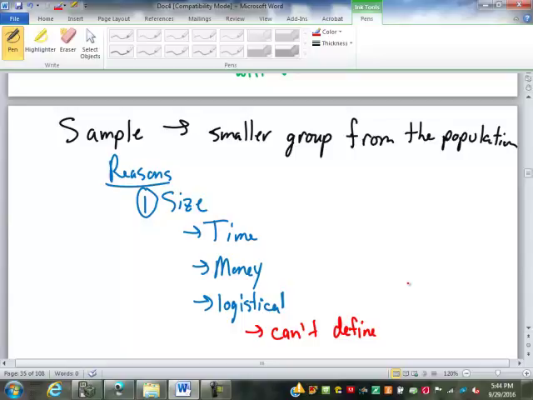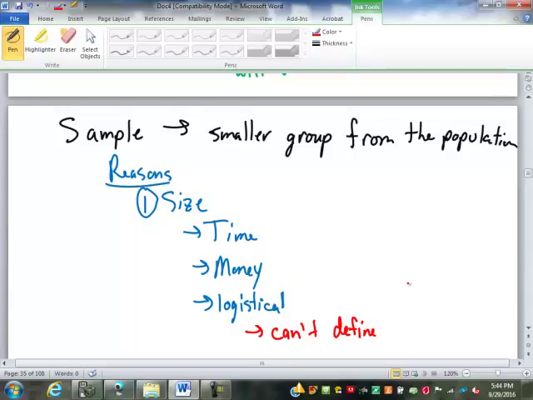That in the next couple of weeks, something might happen that gets them wound up and they decide they're going to vote in the next election. Or the other way around, there might be people that are really fired up and absolutely certain they're going to vote. And something comes up on election day, they get busy and they just don't make it there to vote. So we can't accurately define everybody who's in that population, so we can't possibly gather information from all of them.